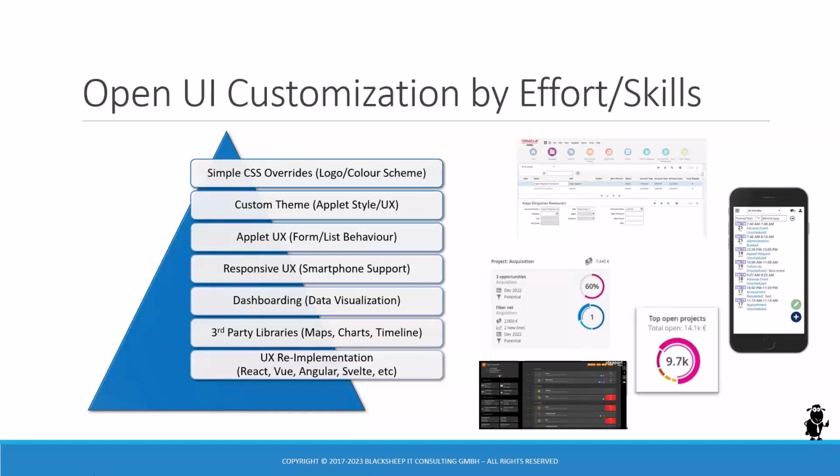Then we have the applet UX. So applet UX means you define with physical renderers the behavior of form and list applets or other applets, enhance them. Next level would be, for example, responsive UX.